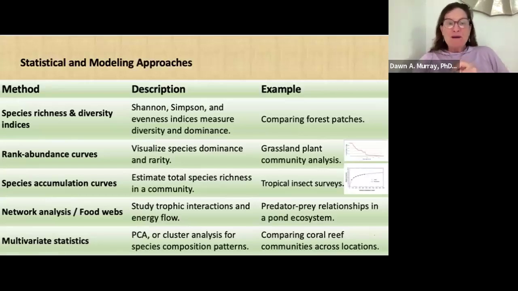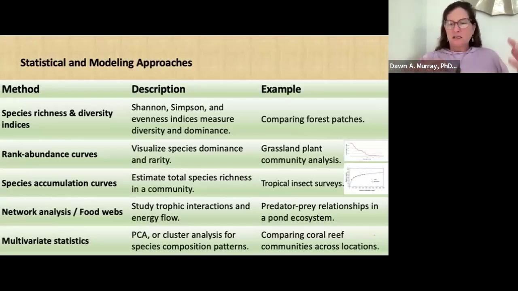All right. What about our statistical and modeling approaches? Species richness and diversity, Shannon-Wiener index, Simpson values, evenness indices. These things measure diversity and dominance of species. This is used if you're comparing forest patches from one area to another.